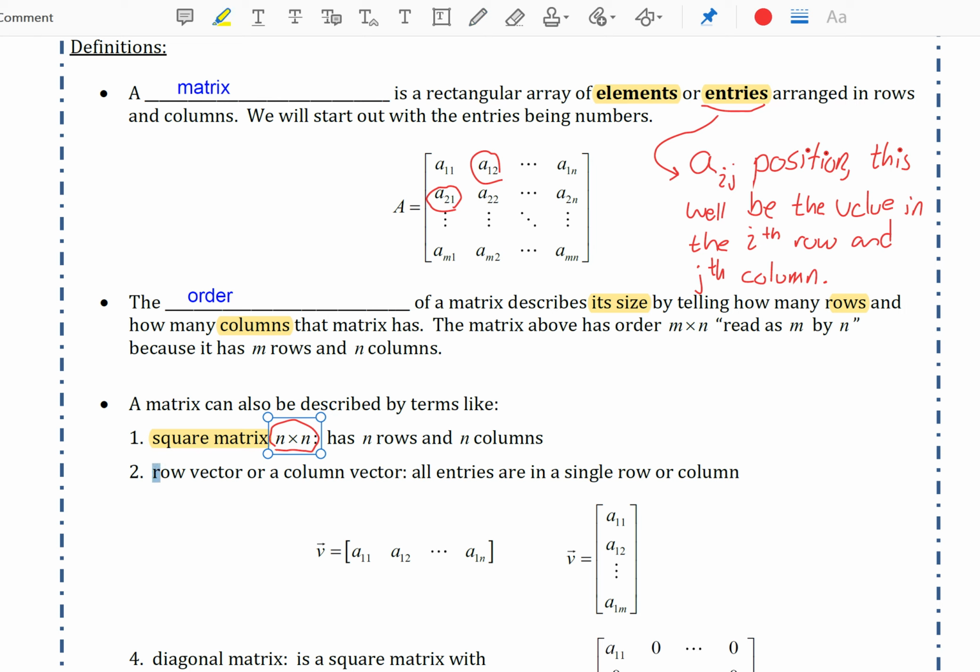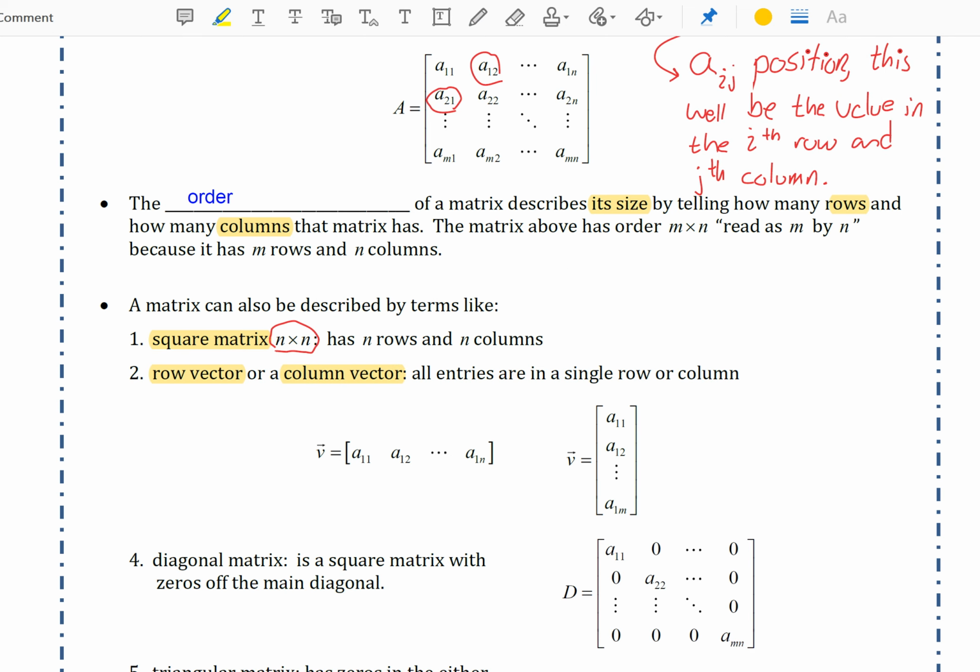It can be called a row vector or a column vector if all the entries are in a single row or a single column. So here we'll call this one a row vector. This one we'll call a column vector.